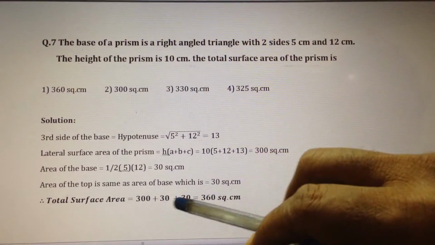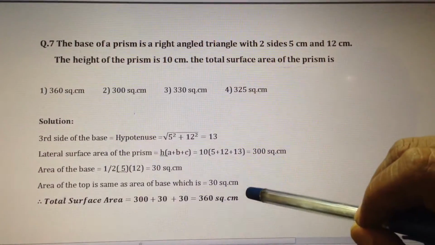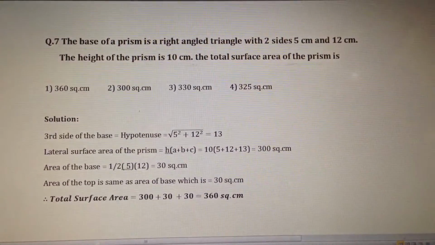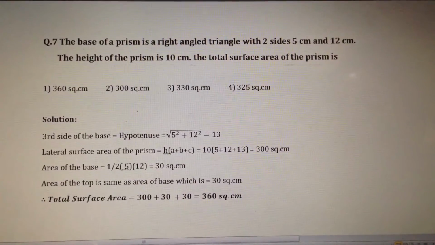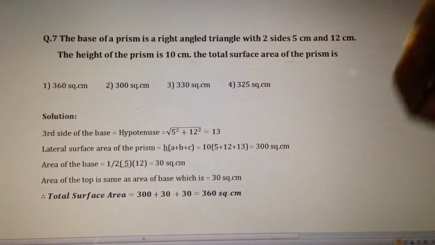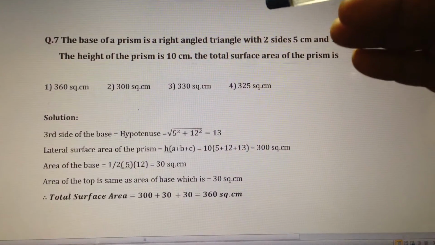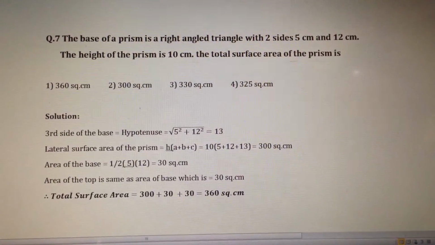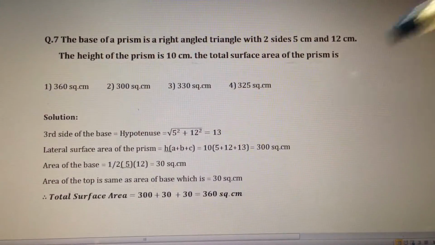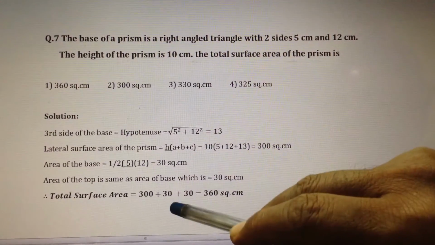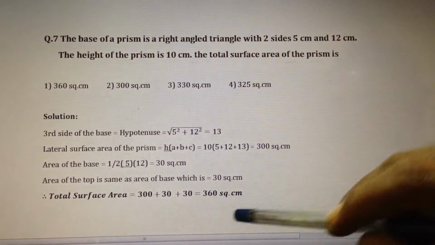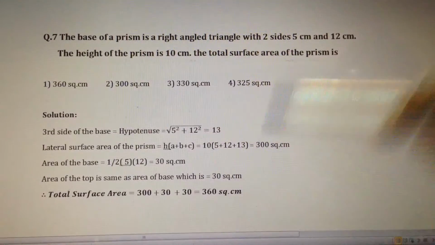Therefore, area of the top is the same as area of the base, which is 30 square centimeters. Now, the total surface area is equal to lateral surface area of the prism plus area of the base plus area of the top, which is equal to 300 plus 30 plus 30, which is equal to 360 square centimeters.